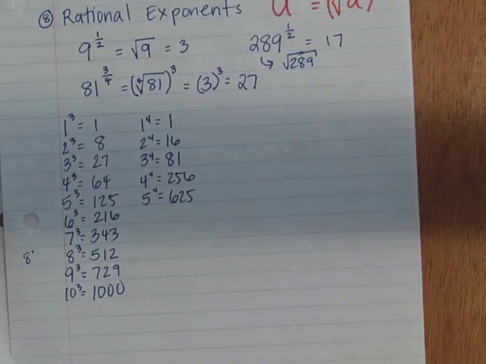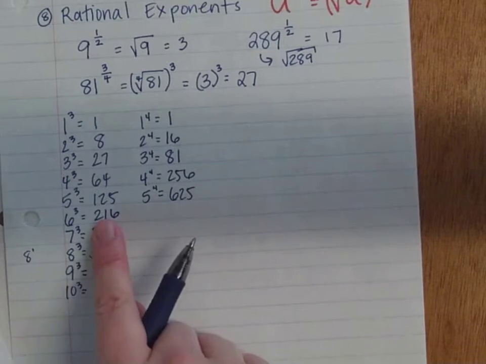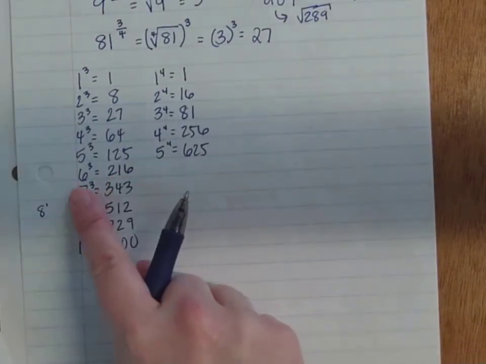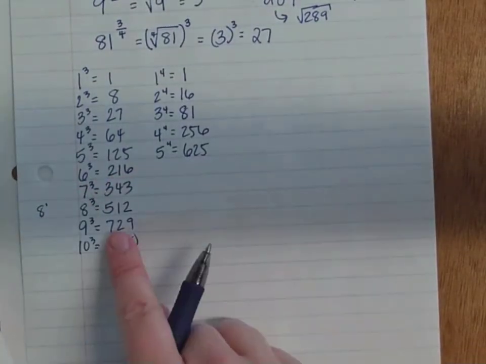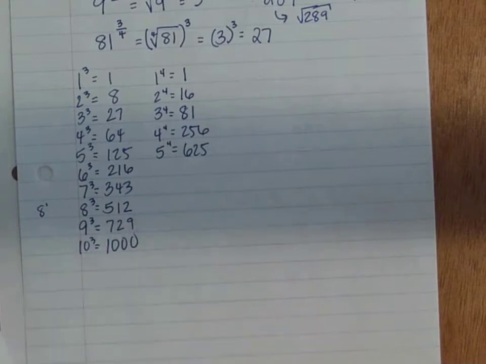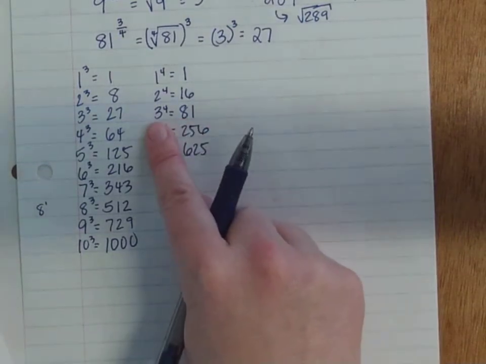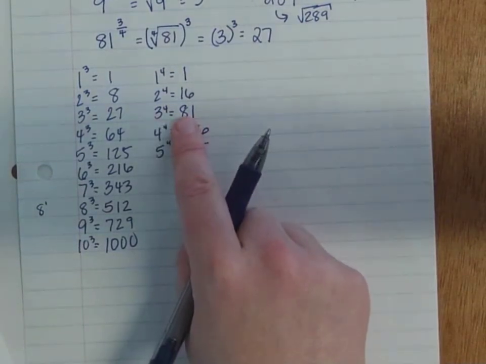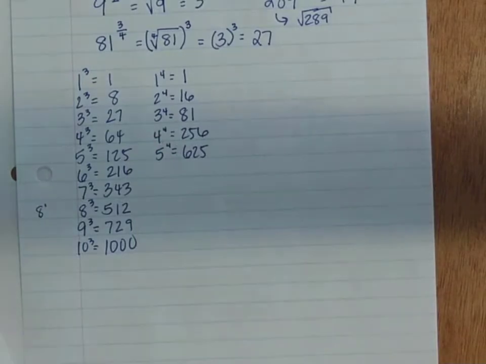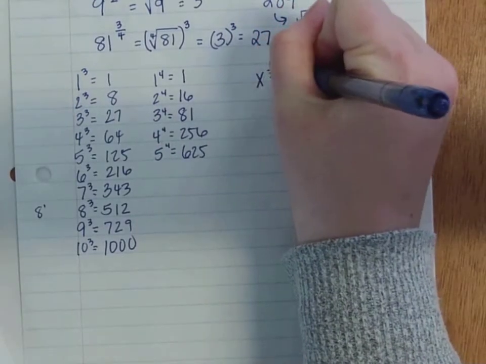If we're saying the cubed root, you're saying what number times itself 3 times is the number in question. So what's the cubed root of 216? 6. What's the cubed root of 729? 9. If you ask what is the 4th root of 81, you're saying what number times itself 4 times gives me 81.